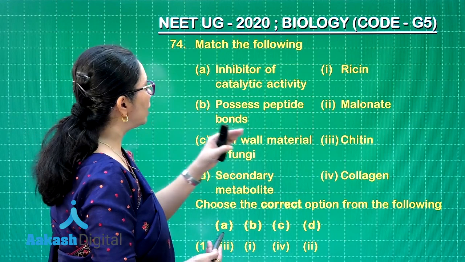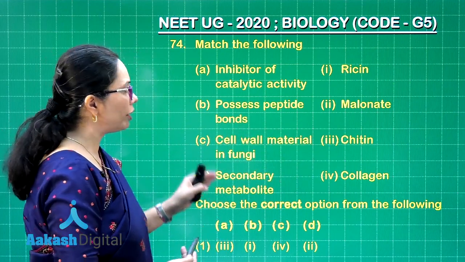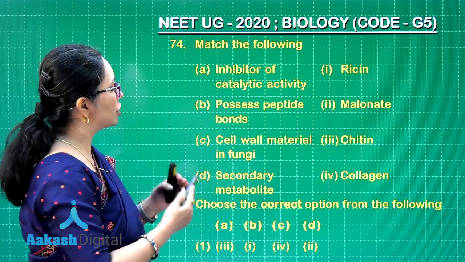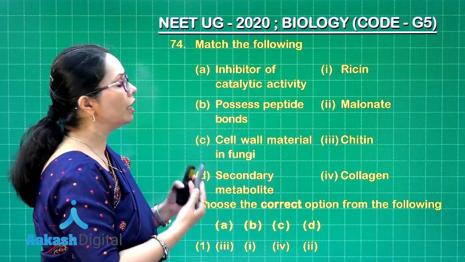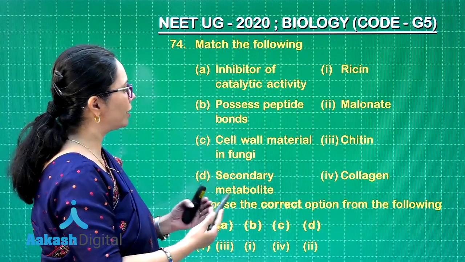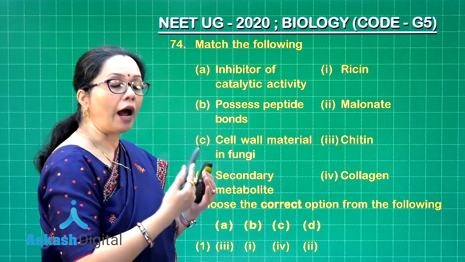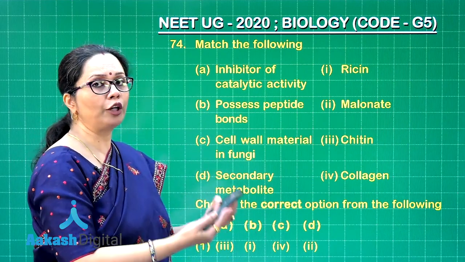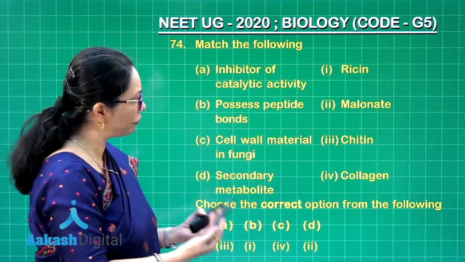Cell wall material in fungi, so that is chitin. And secondary metabolite is a metabolite which is produced as a byproduct of any biochemical reaction and is not further utilized by the plant, it might be stored and it may have some economic value for us or maybe the plant is using it for defense purpose.